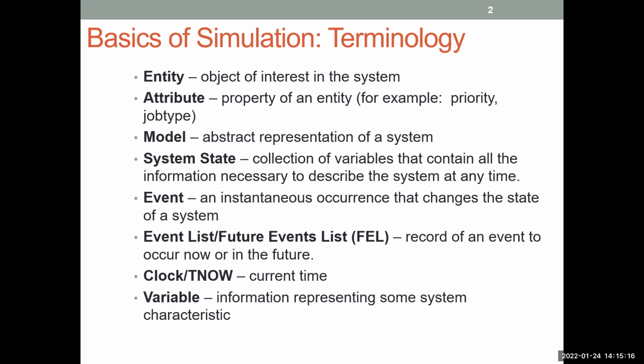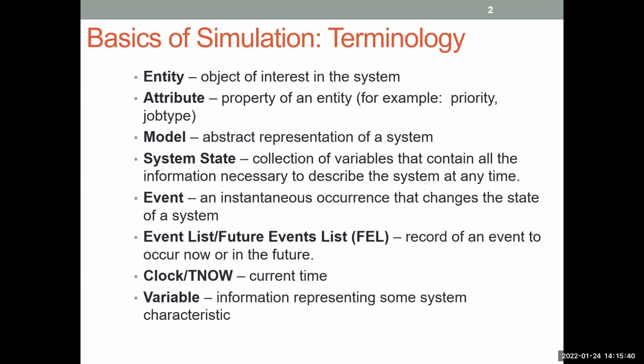So the decision that the system will make will be different. It will most likely be assigning that part to a different machine or putting that part into a queue. Okay, so those system state variables are going to allow us to understand the actions that are happening within the system, in this discrete event type of simulation.